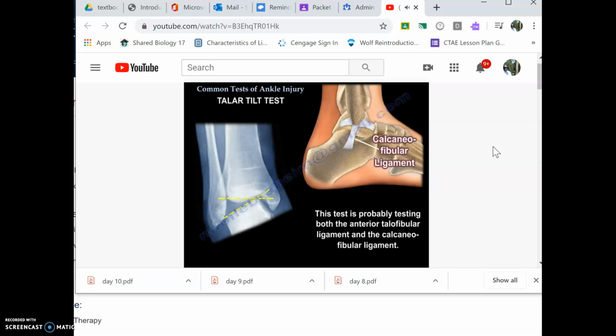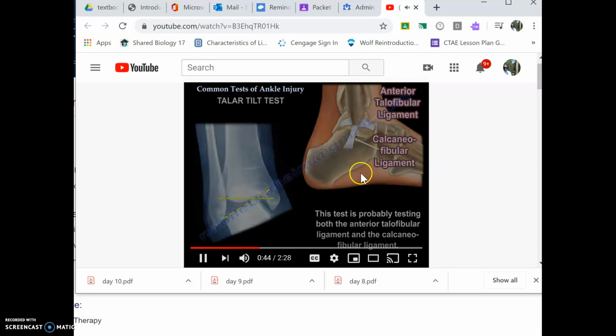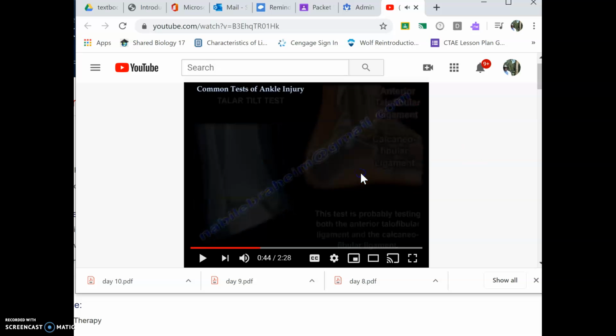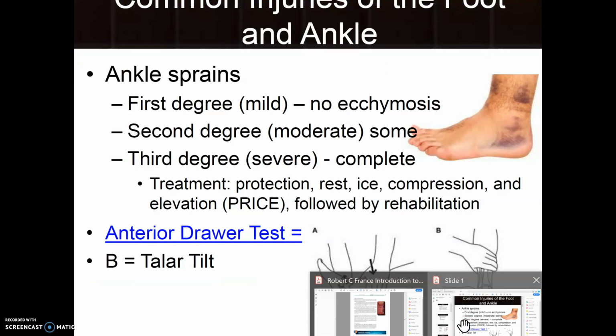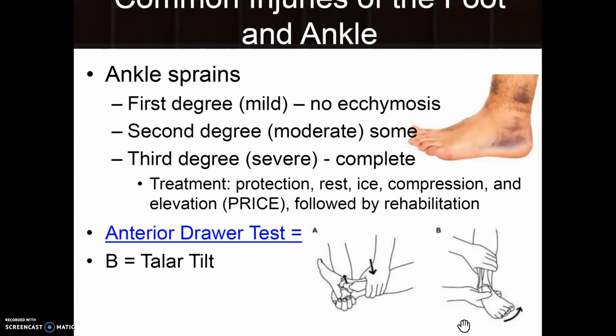It's probably testing the anterior talofibular ligament and the calcaneofibular ligament. So, in our evaluative procedures, those two evaluative techniques will come in handy as we progress through the possible injury types in our evaluation.